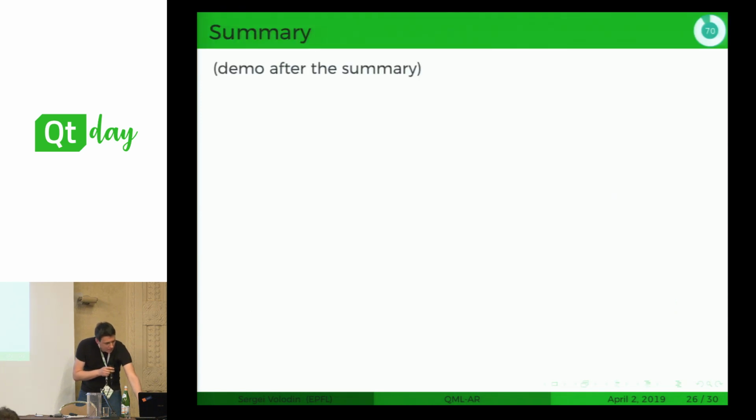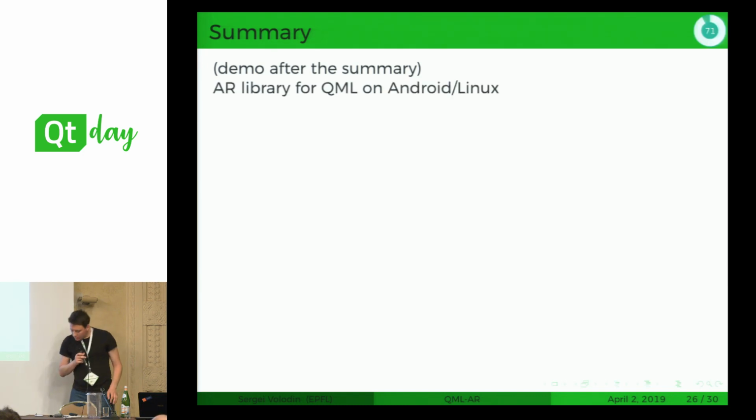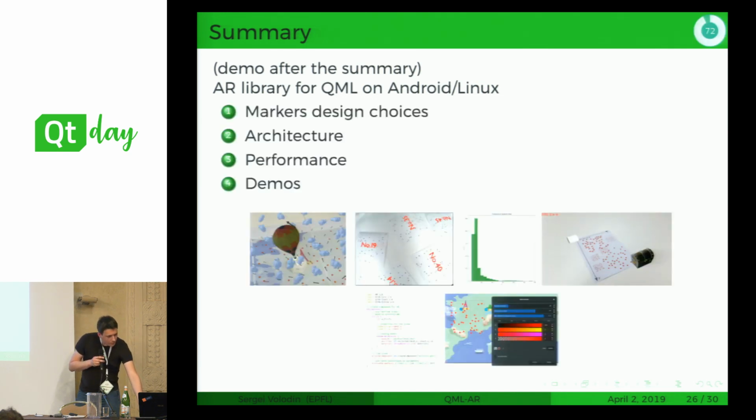So a quick summary. We'll have a demo after. Yeah, we finished a bit earlier, but I guess it's okay. So we have a library for QML doing augmented reality, and it runs on Android or on Linux. We have gone through design choices of the markers. We have seen the architecture of a typical AR app, and we have seen this particular library as an example.